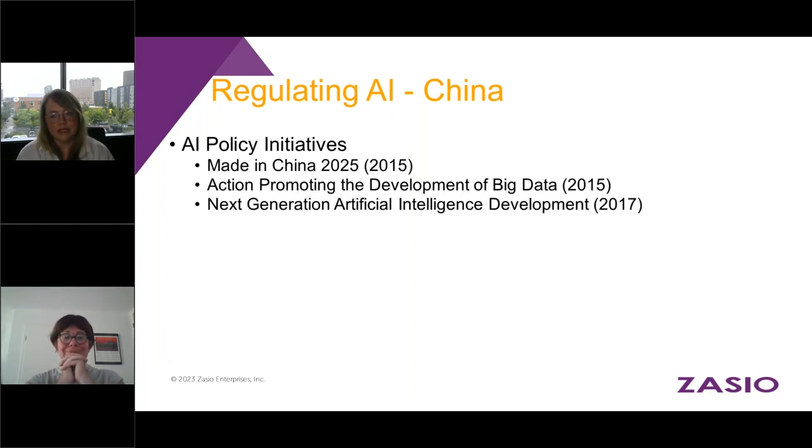they have really been ahead of the game, I think, and initially what we see here is some of their policy initiatives going back, beginning in 2015, Made in China. The idea of developing AI to apply it to production technologies. And so we see China really recognizing the potential for AI: how can we promote this and how can we ultimately harness this?